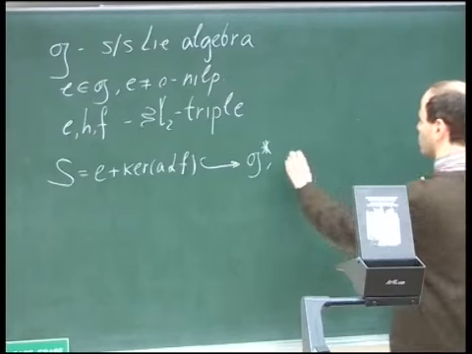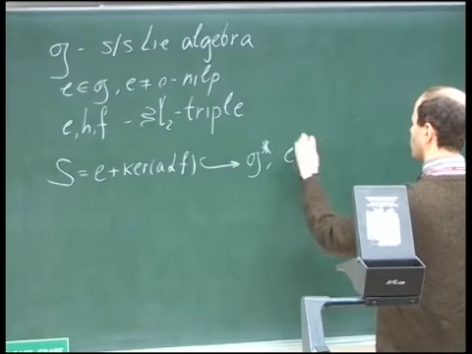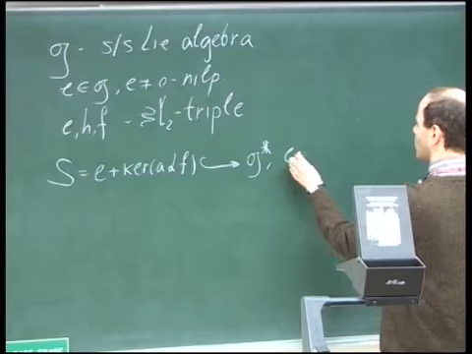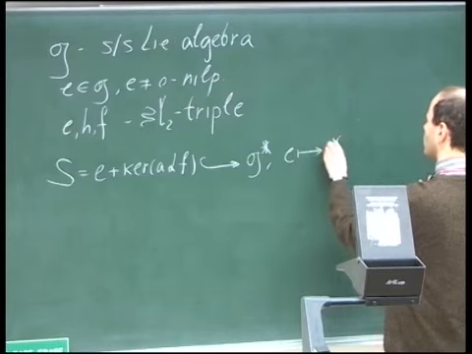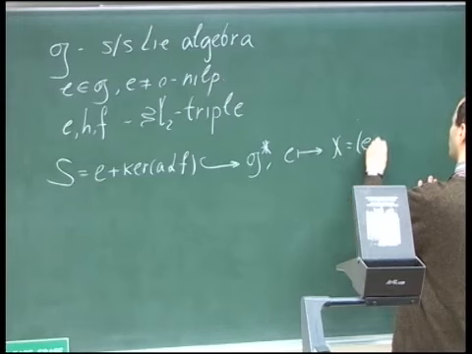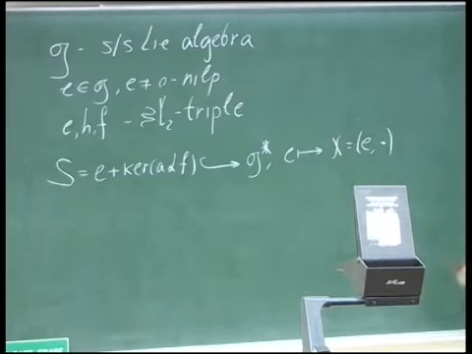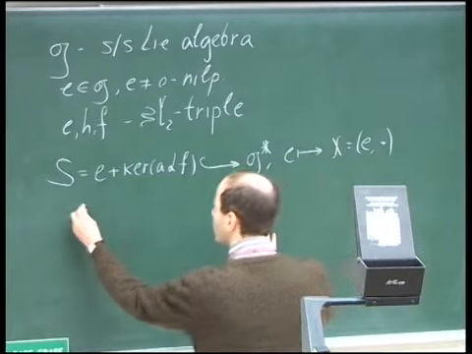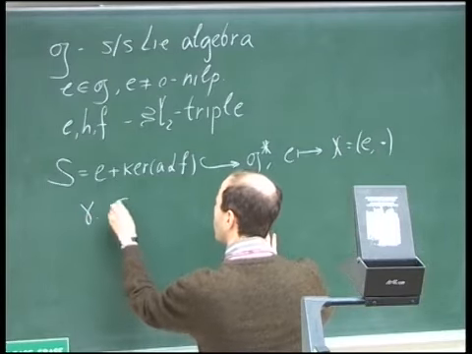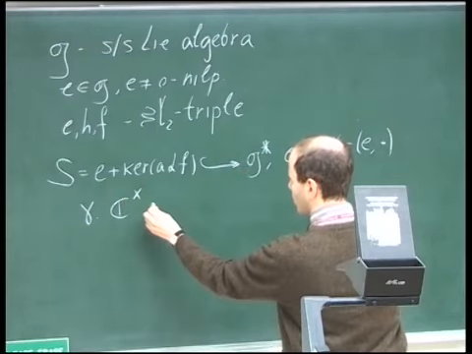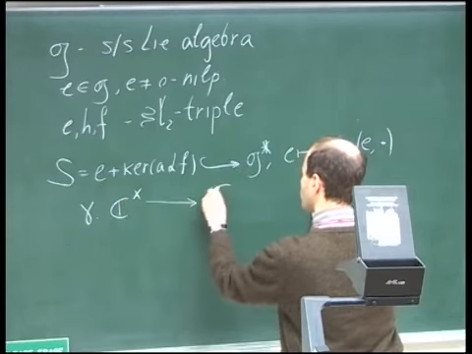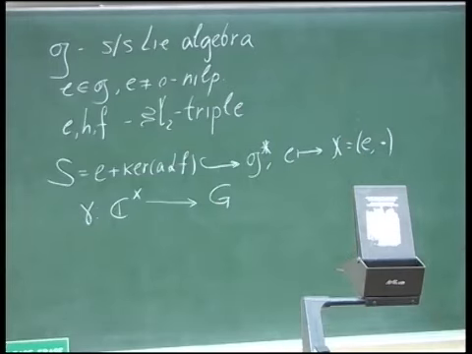And E goes to chi, which is pairing with E with respect to the Killing form. And also I have a homomorphism from the one-dimensional torus to G, which comes from the SL2 triple.